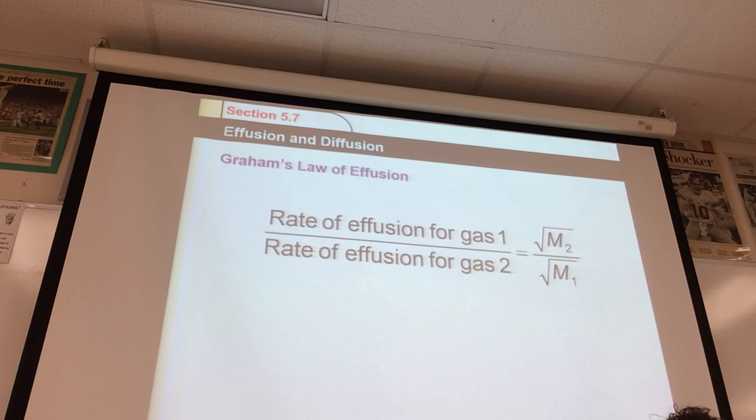So if you have two gases, let's say helium gas and argon in a container, and there's a prick hole, which one escapes faster, the helium or the argon? The helium, because it has a smaller molar mass and therefore has a greater rate of effusion.